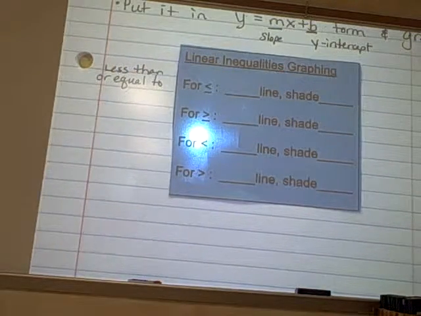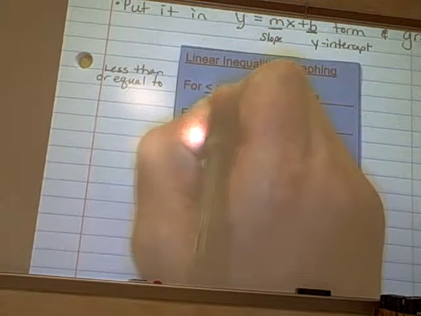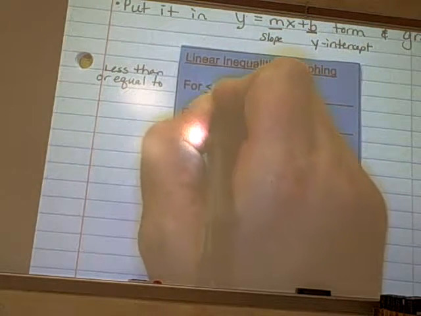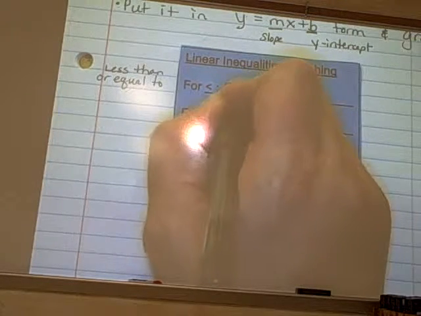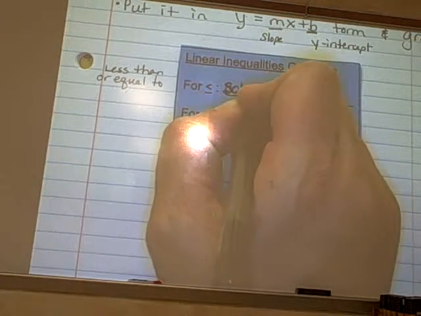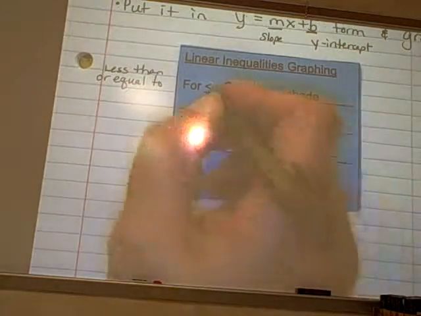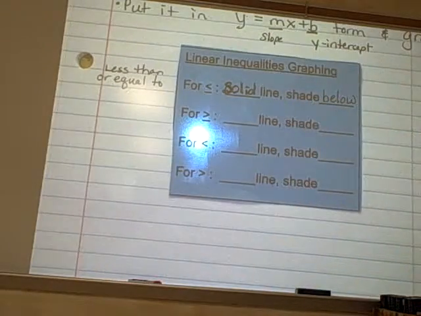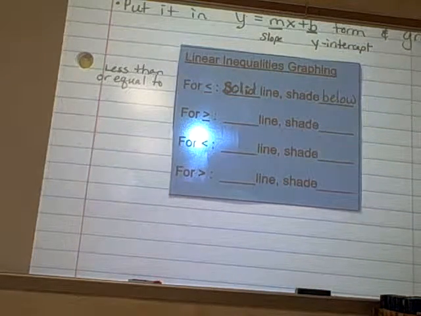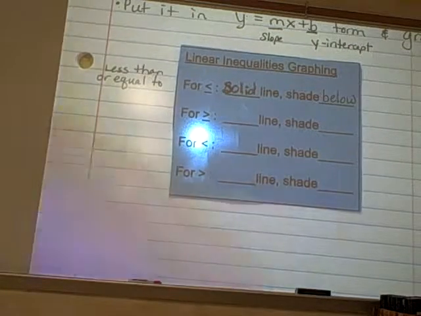Because it's got the line underneath it, it is a solid line. That's the word solid, S-O-L-I-D. Sorry, my handwriting's bad. Since it's less than, you shade below the line. I'll show you this in just a minute. We're just going to write it down for right now, so don't panic.